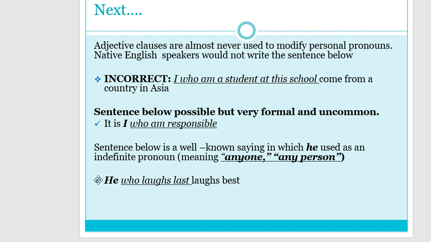So "he" here means anyone or anybody. It looks indefinite. Even in poetry or poems we can read this kind of style, because they sometimes use "he" to refer to anyone or any person.